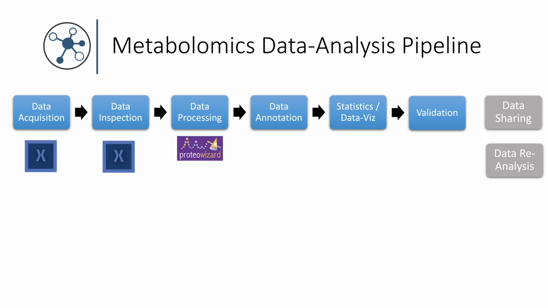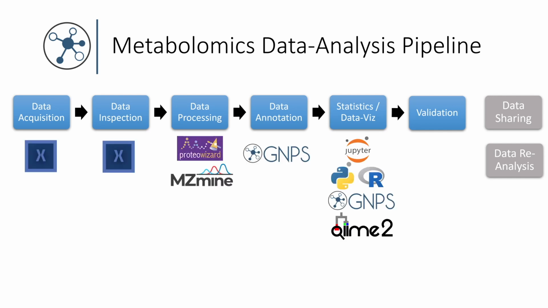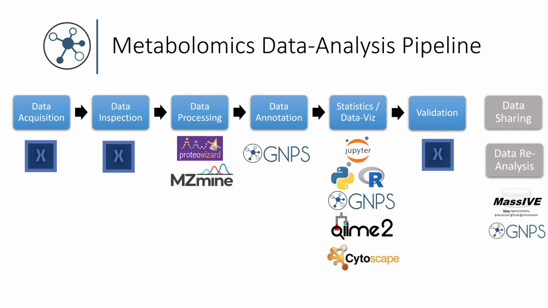In my particular case, I came up with this colorful mixture of different software tools, starting with vendor software for data acquisition and then inspection, and then moving to open format files, which we process with MZmine, and then annotate with GNPS.